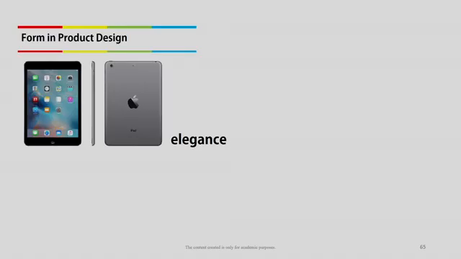Form in design is very important, and now we will see what can be achieved with the help of form exploration. We can achieve elegance with the help of form exploration. Simple, slick and neat forms give the quality of being pleasingly elegant.